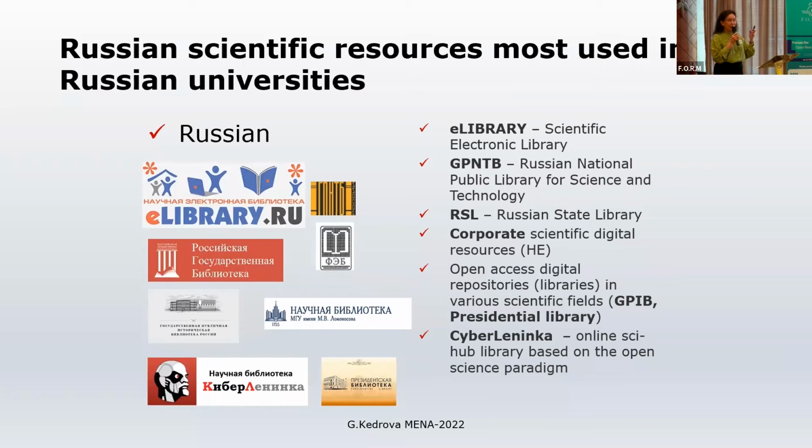For example, the library of historical documents in St. Petersburg, not in Moscow. I or my students don't need to travel to St. Petersburg because all the digitalized repository of this library is available online. Or the presidential library, another big project with cultural heritage. It's also an open project.